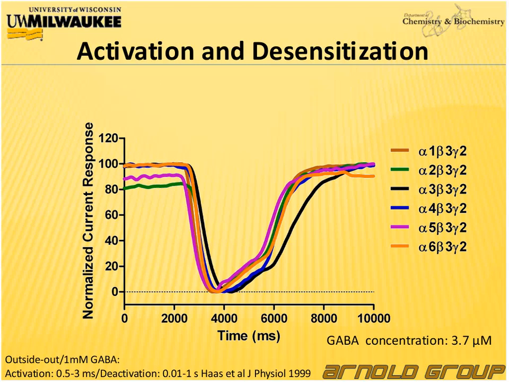So I want to point out first, before commenting on the kinetics here, that the kinetics really depends on the assay you are doing. For instance, there is a publication from Haas from 1999 where he was using an outside-out assay and 1 millimolar GABA, and here the activation was seen in up to like 1 millisecond, and the deactivation took as long as 1 second.